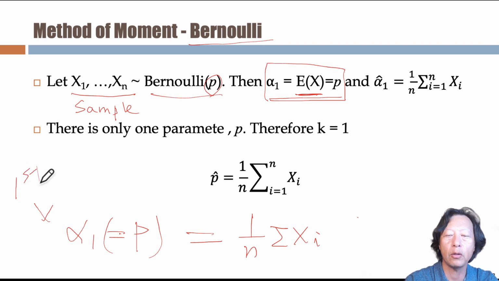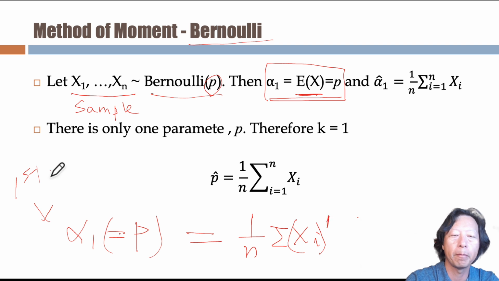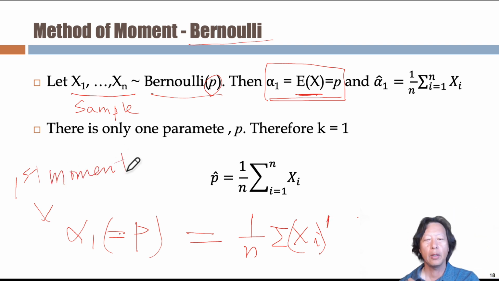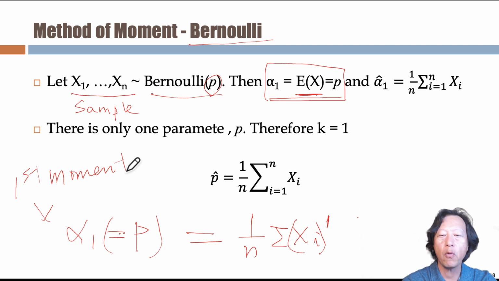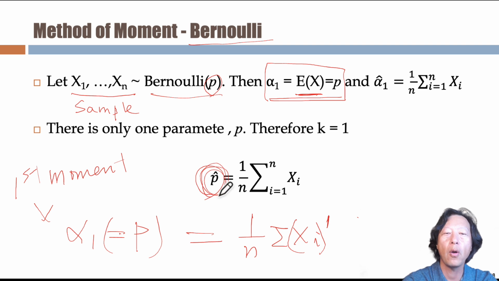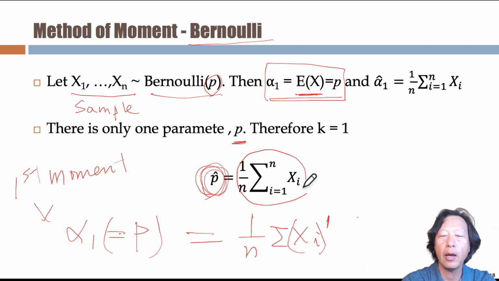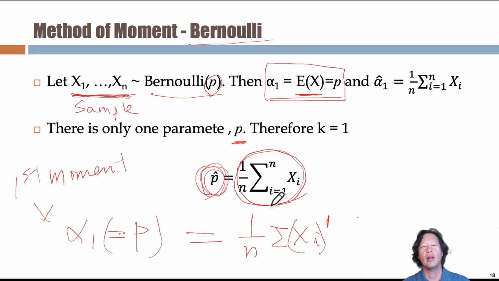That's why there's no power here; actually it's a power of 1. So it's clear: our estimator of the probability of success p will be simply the average of the sample data.